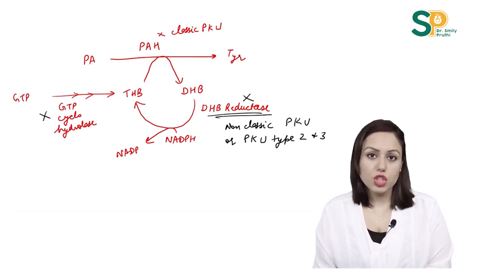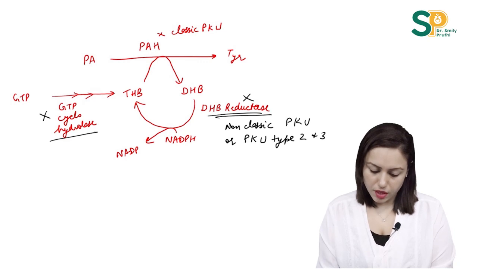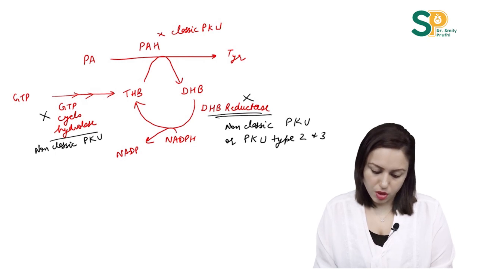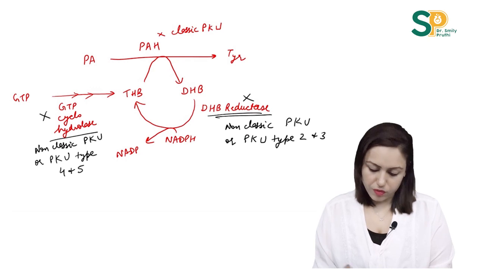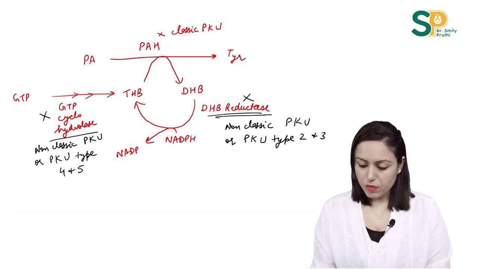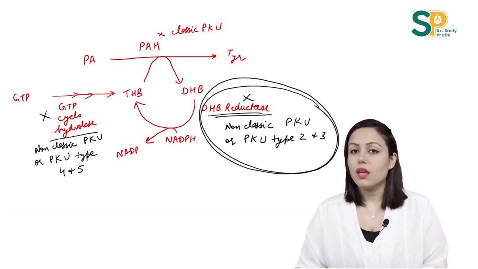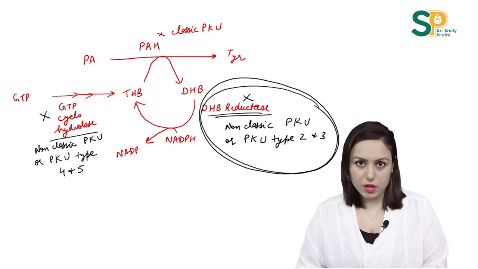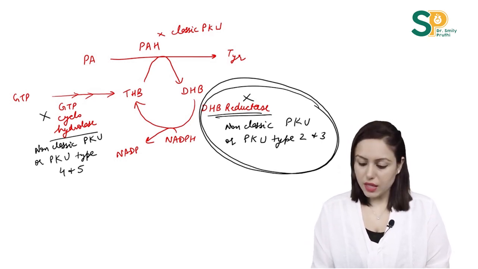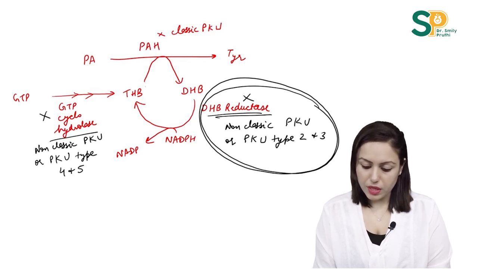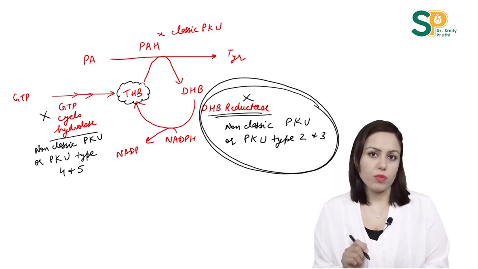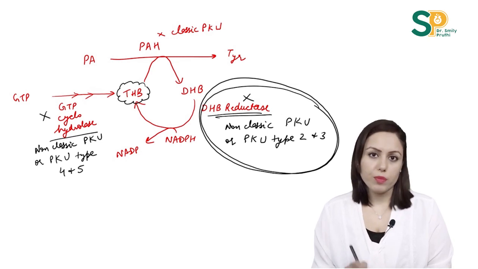If it is a defect in GTP cyclohydrolase, then it is also non-classic phenylketonuria or phenylketonuria type 4 and 5. Okay. So, more common out of these two is a defect in dihydrobiopterin reductase. Okay. So, in any case, tetrahydrobiopterin will not be formed. Okay, and this tetrahydrobiopterin is required for two more enzymes.